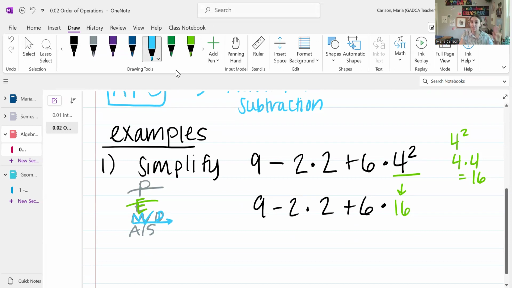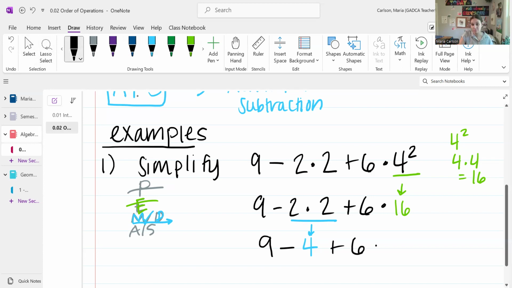So starting on the left-hand side, going to the right, I'm going to begin by multiplying 2 times 2. Yes, you could multiply negative 2 times 2, but once you do that, then you kind of need to pay attention to what the sign is. So I'm just going to multiply 2 times 2, which gives me 4. And I'm going to fill in the rest. So it is 9 minus 4 plus 6 times 16.